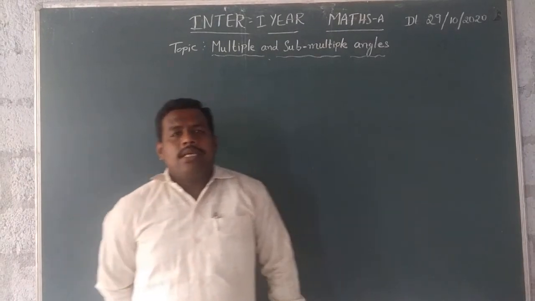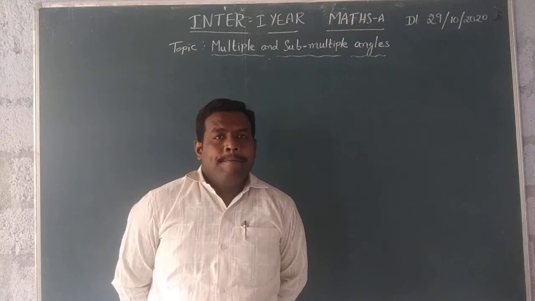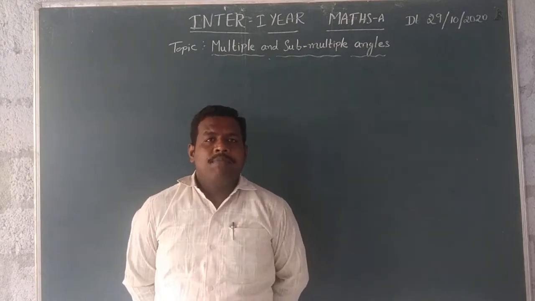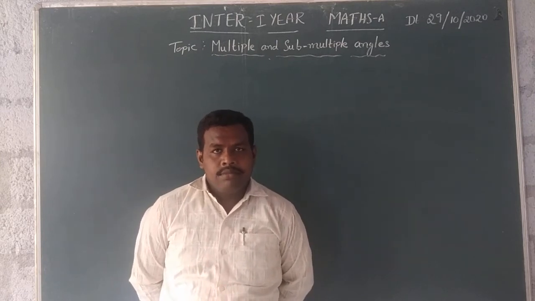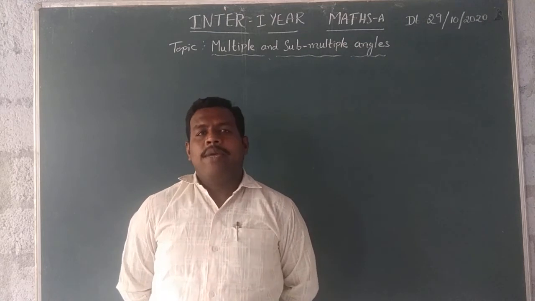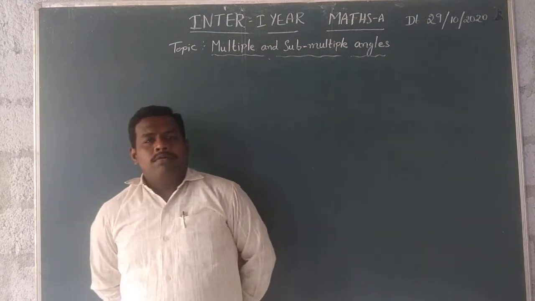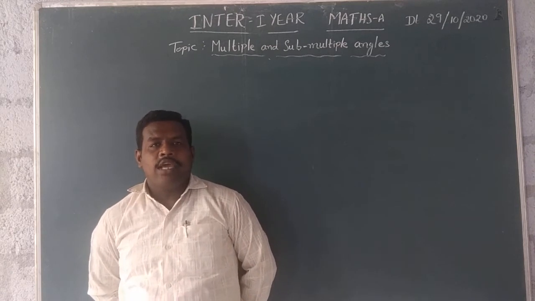In the previous class, we discussed the definition of multiple and submultiple angles and some formulas: for 2A, sin 2A, cos 2A, tan 2A; for multiple angle 3A, sin 3A, cos 3A, tan 3A.